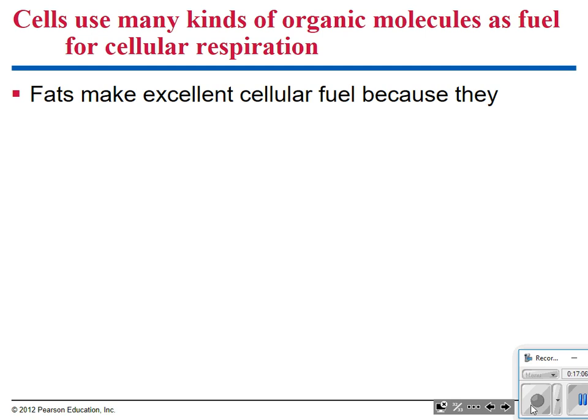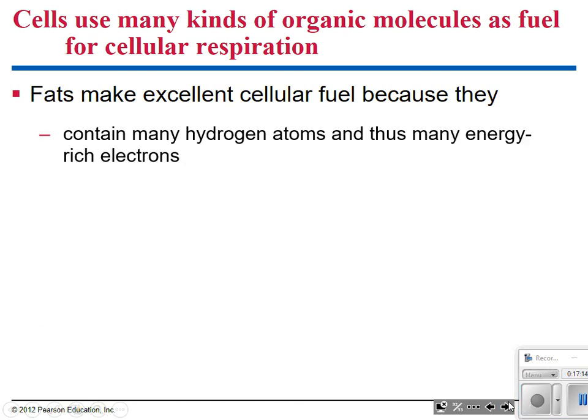Yeah, fats are excellent for fuel because they contain many hydrogen atoms, thus they have many energy-rich electrons. They have many hydrogen atoms.